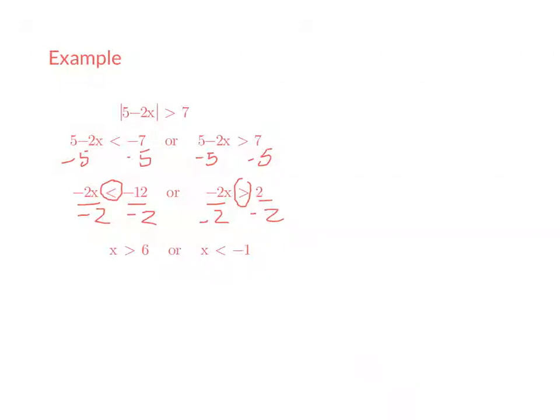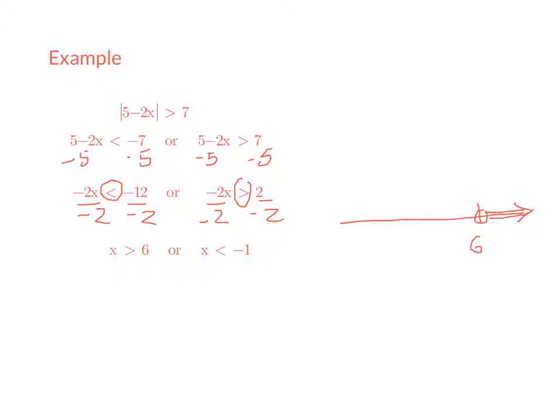Again, let's look at how we would go to graph something like this. Again, we'd use our number line. Okay, x is greater than 6 means we're at 6. It can't equal 6, so we got an open circle there. And where do we go? Greater than means to the right. So it's everything to the right of 6.